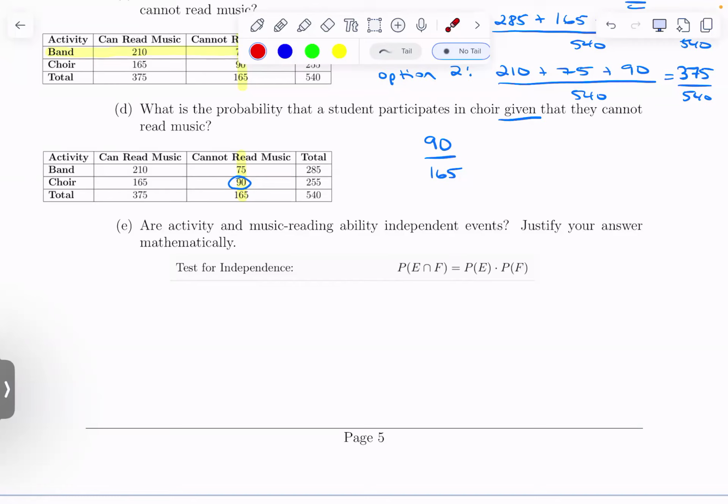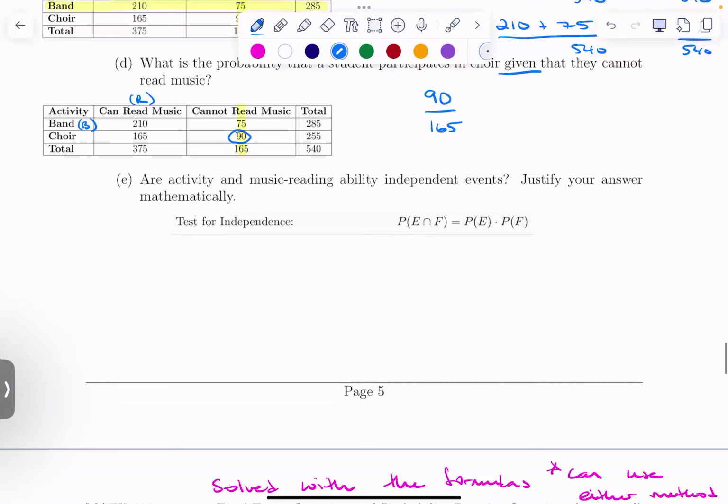And so you just need to show one of the cases, and if one case is independent, then the remainder of the table has to be independent. Okay? And so what we're going to do is let's call this B and let's call this R for they can read music, because otherwise it's C and C, and that doesn't really make sense. Oh, and cute.